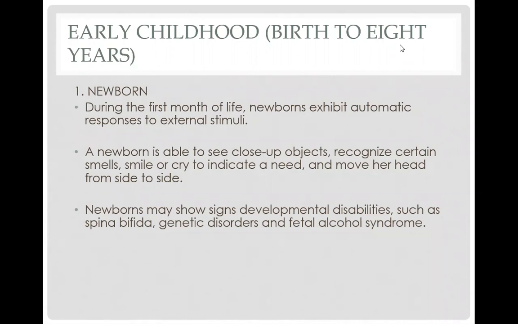This zygote is a single cell on the first day, but on the second day it starts cell division. That means the single cell is divided into two. Then by the third day it becomes 4, then 8, likewise. When it is about 7 days, it divides into about 100 cells.